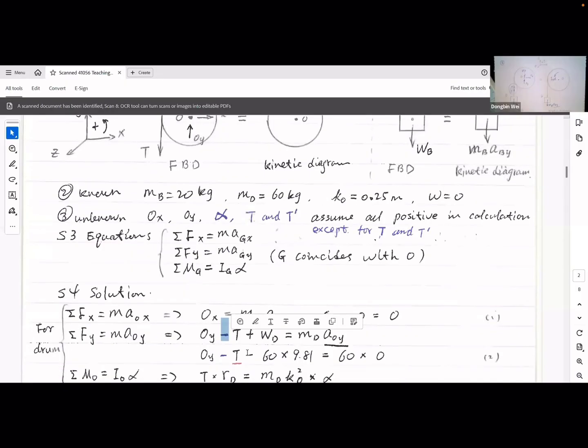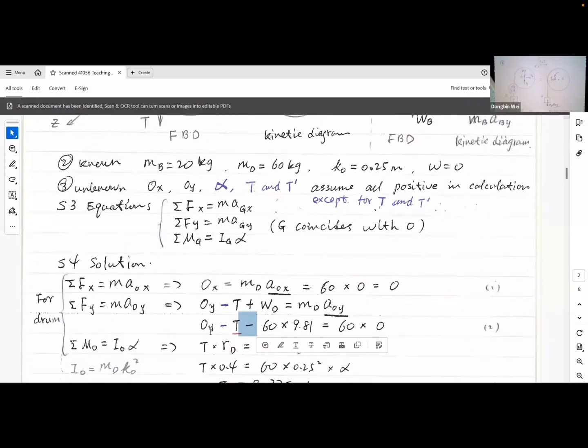So for W_D, I also have a negative sign in this calculation when I substitute the number in this equation. Okay, so O_y, T, W_D, acceleration a_Oy, this component is also 0. So we have another equation about O_y and T.